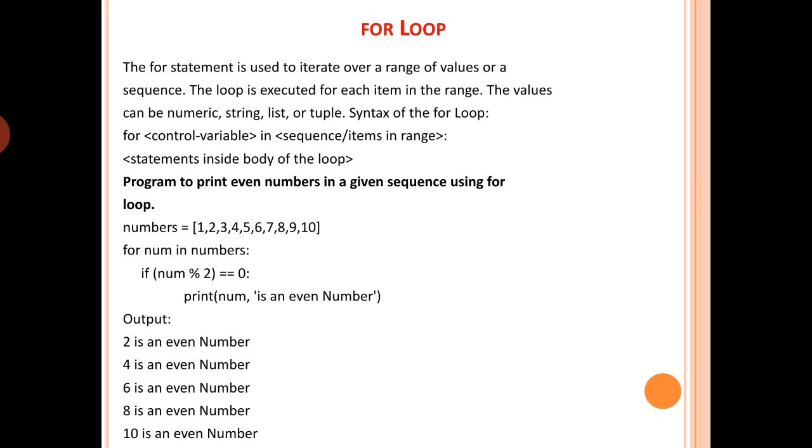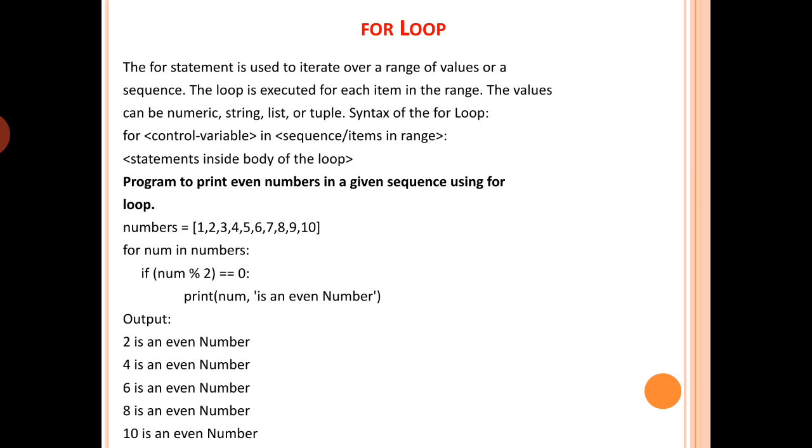Now this is the program to print numbers in a given sequence using for loop. So here numbers is the name of the variable in which the list of values is stored, that is 1, 2, 3, 4, 5, 6, 7, 8, 9, 10. Now we are using here for loop: for num in numbers. So num is the looping variable, it is a control variable.